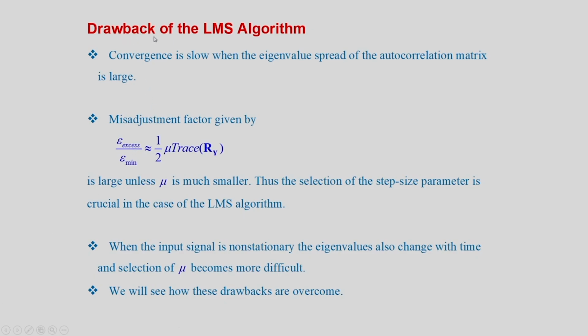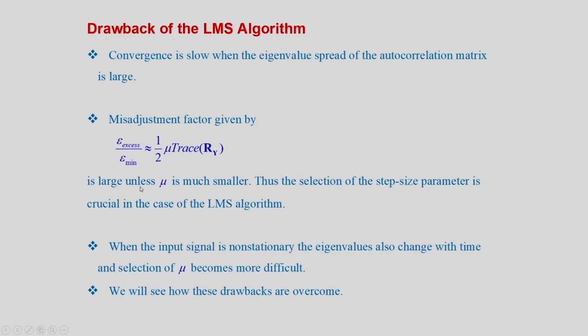Let us discuss the drawbacks of the LMS algorithm. Here convergence is slow when the eigenvalue spread of the autocorrelation matrix is large. That is one important factor. The misadjustment factor, that is the excess mean square error divided by the Wiener mean square error, is approximately equal to half of mu times trace of Ry, and if mu is large, this quantity will be large.